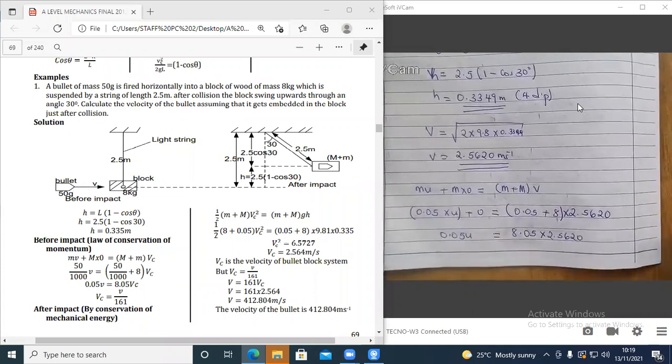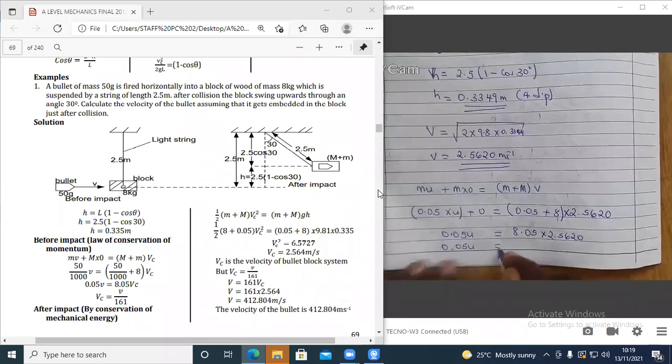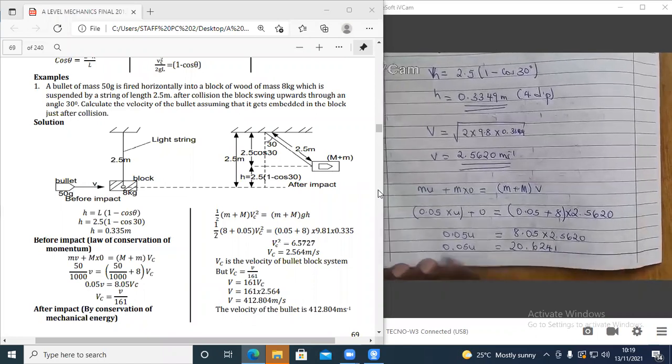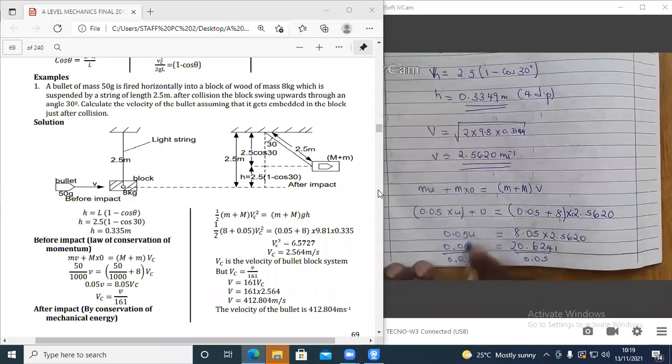2.5620. So when you multiply that, what do you get? 8.05 times 2.5620, we shall have 0.05u equals 20.6241. Divide all through by 0.05, so this one will disappear.